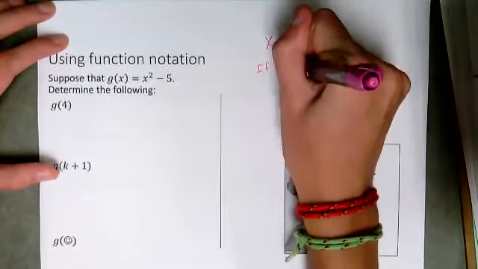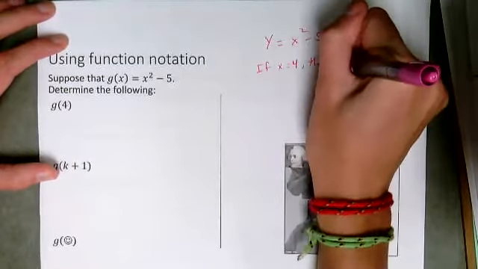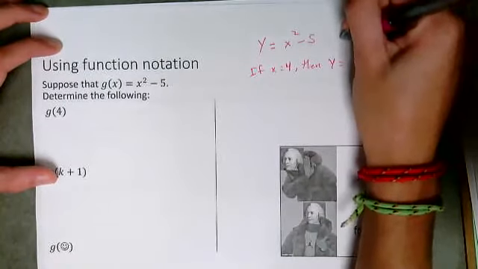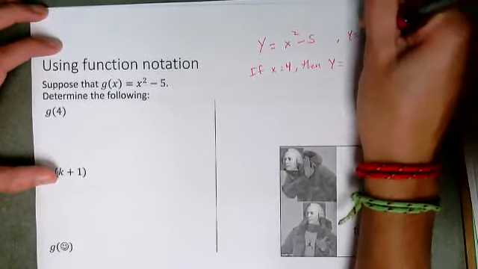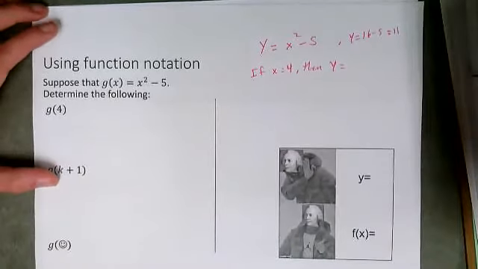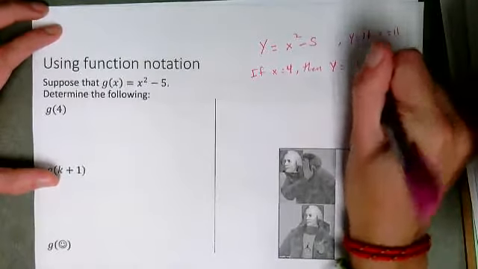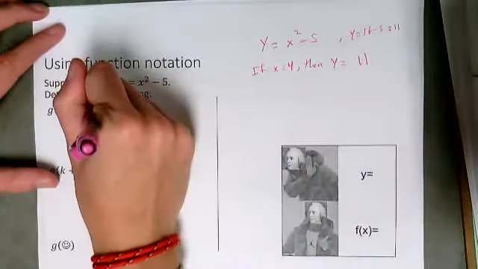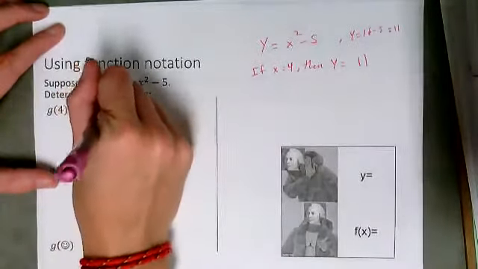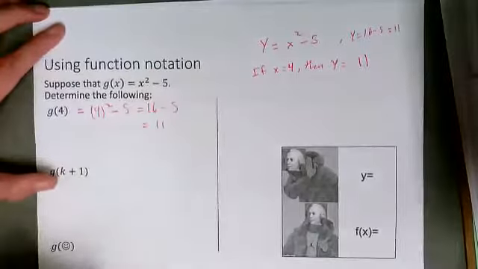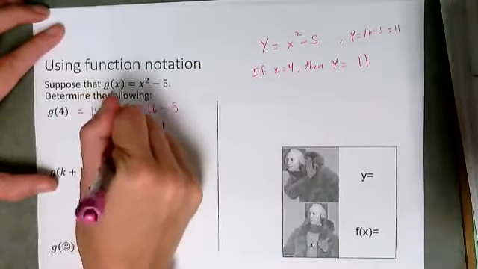If x is equal to 4, then y is equal to 16 minus 5, which is 11. Then y is 11. That's what we're used to. That's the same deal over here. G of 4 is 4 squared minus 5, which is 16 minus 5, which equals 11. So g of 4 equals 11.